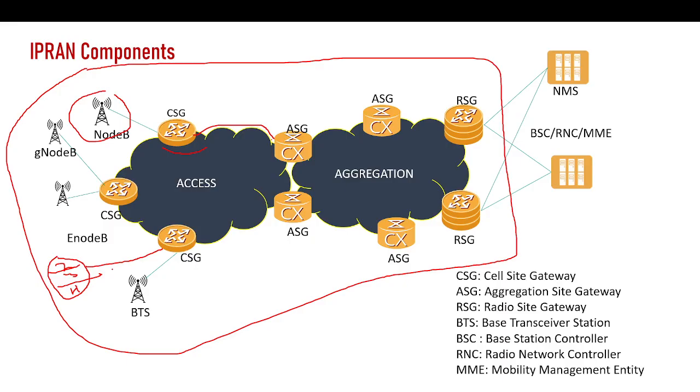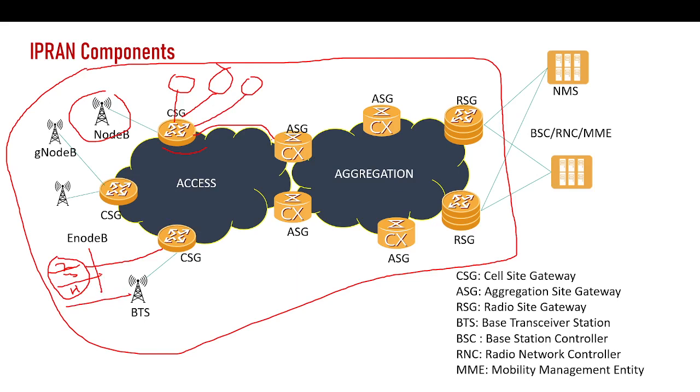Traditionally, you needed multiple connections. You would have a connection for 2G, a connection for 3G, and another connection for 4G. But nowadays, we only have one connection to the BTS, and it handles the rest.